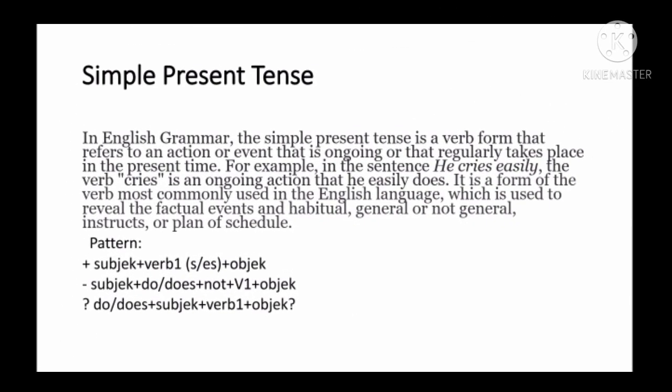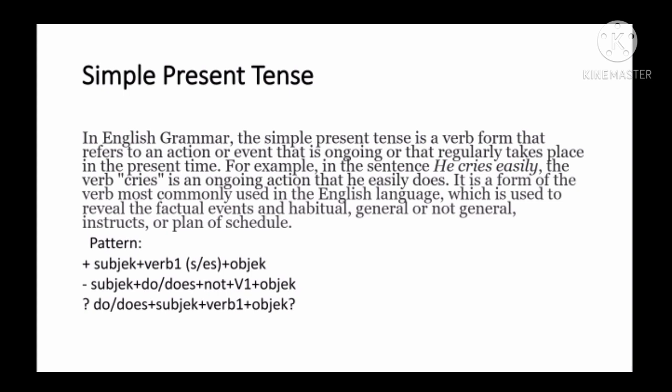Simple present tense. In English grammar, the simple present tense is a verb form that refers to an action or event that is ongoing or that regularly takes place in the present time. For example, in the sentence "He cries easily," the verb "cries" is an ongoing action that he easily does.